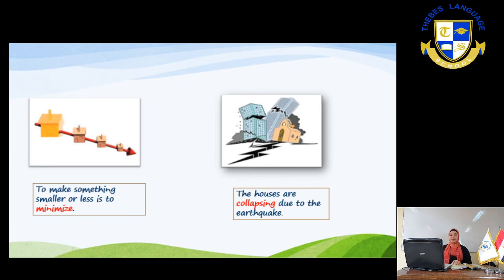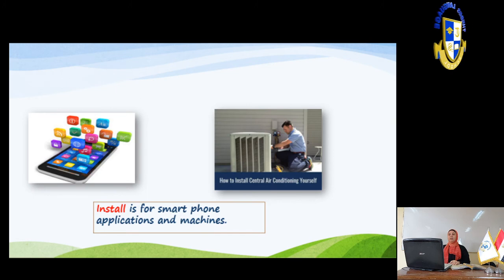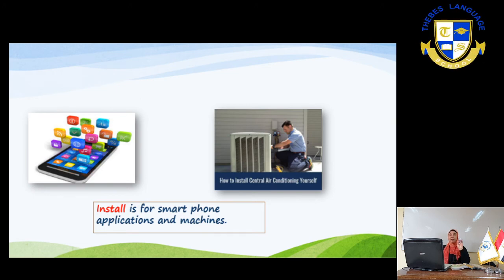Okay, next slide. You see here two pictures, but I have one explanation and one vocabulary for those two pictures. The first one is a mobile or a cell phone. The next one is someone installing or fixing an air condition.